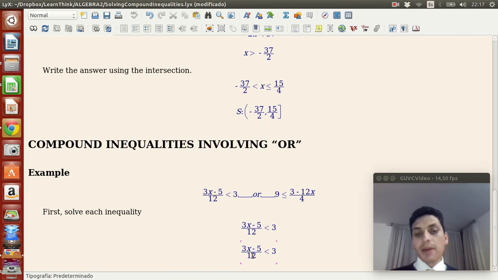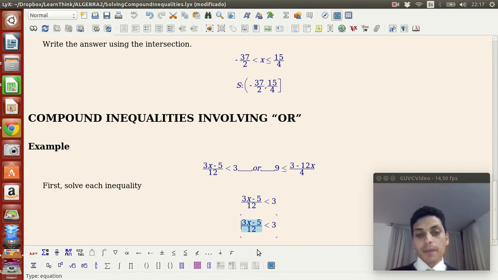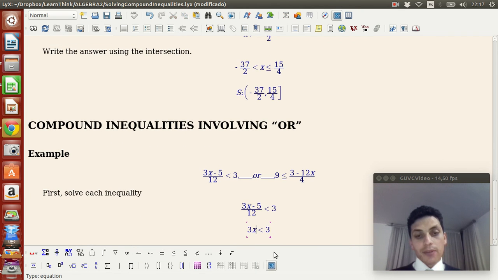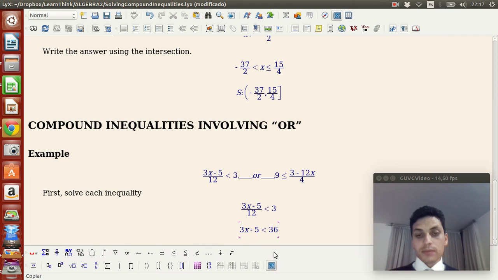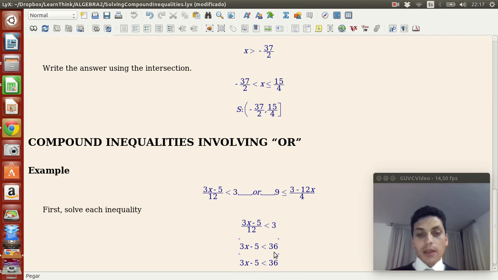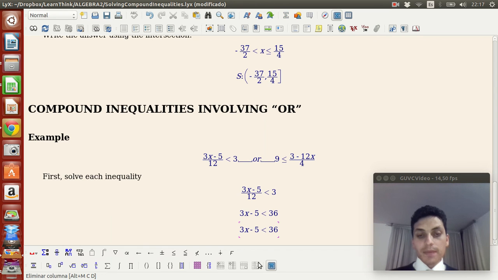First, multiply by 12. If I multiply by 12, on this side I have 3x minus 5. And 12 times 3 is 36. Then I can add 5 to each side. So 36 plus 5 is 41.